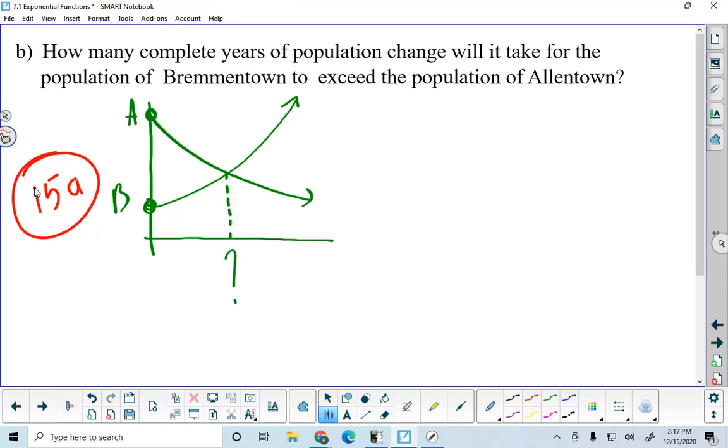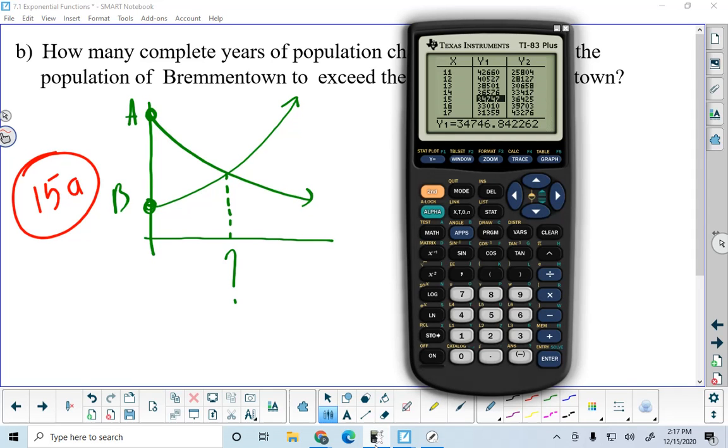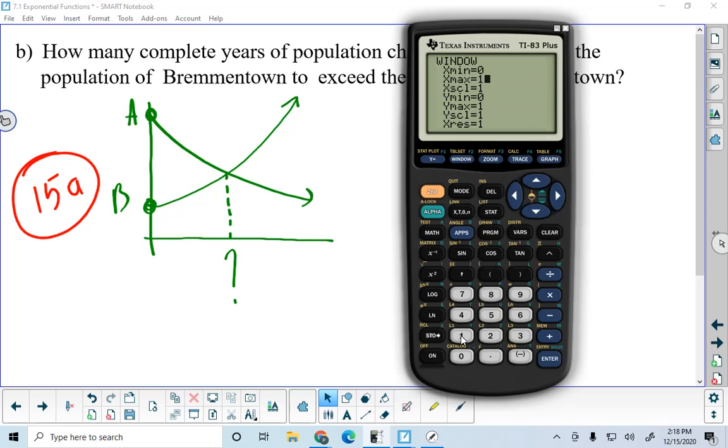Had the question said to the nearest tenth, then what you would need to do is, I'm going to set my window settings up now and go up to 17 years, because I can see that's where it will be about. And clearly I need to go up to 75,000 to see that first intercept. So here's Allentown. The people are fleeing Allentown. Here comes Brementown.